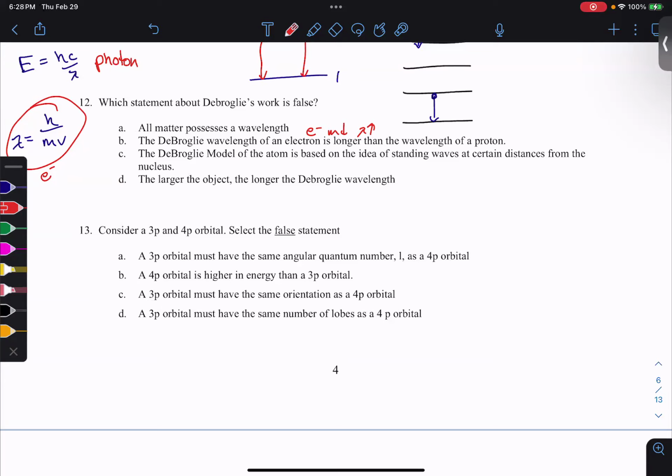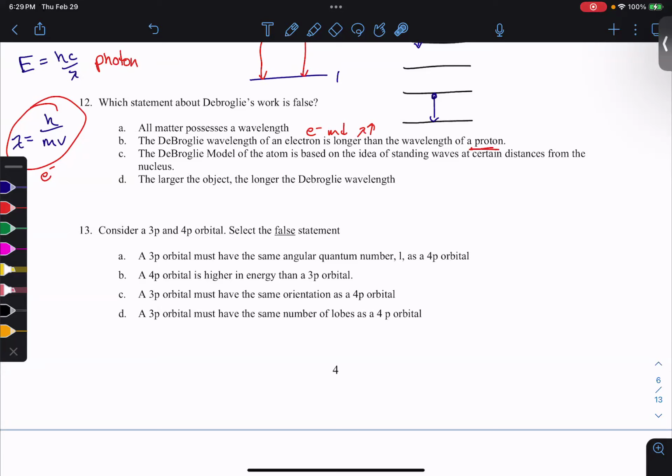It has, in comparison, a very large mass. So that means protons have long or very short de Broglie wavelengths? Very short, very, very short, because their masses are so big. If you have a big number in your denominator, wavelength is a small number. So that one is what, true?